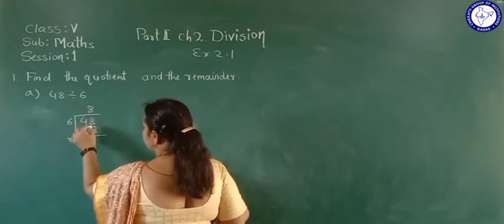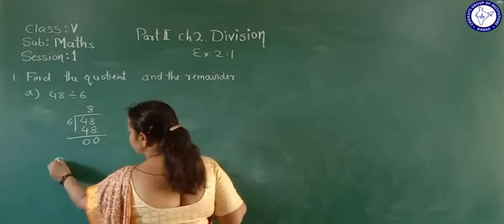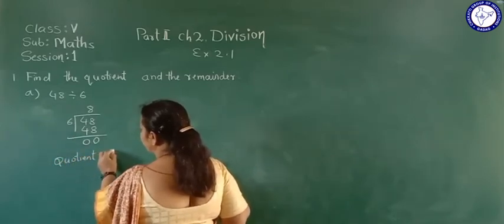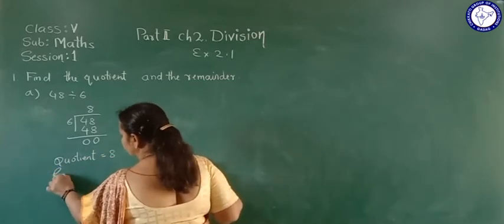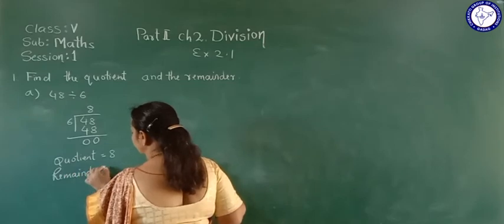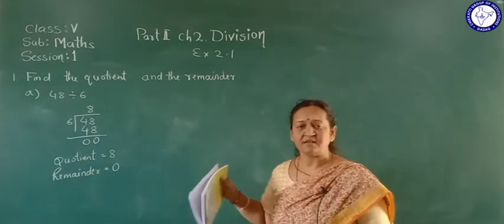Now 8 minus 8 is 0 and 4 minus 4 is 0. So the quotient is 8 and the remainder is nothing, that is 0. You should write 0. If nothing is there, you should mention 0.